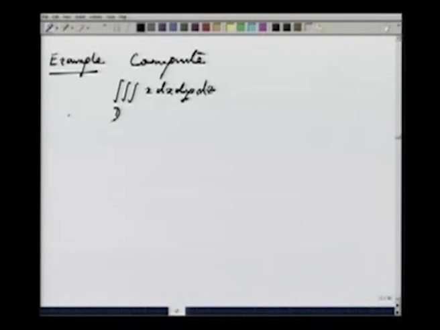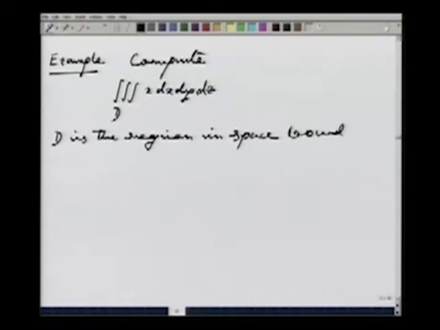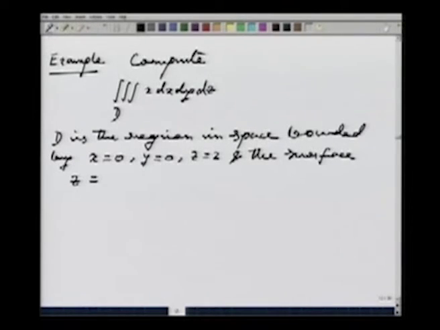Well, I will describe what is D. D is the region in space, that means in 3 dimensions, bounded by the planes x equal to 0, that means the yz plane, y equal to 0, that is the xz plane, z equal to 2, that is parallel to the xy plane, and the surface z equal to x square plus y square.